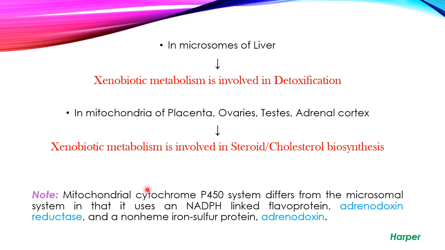And there is one additional point regarding this concept: the cytochrome P450 system found in mitochondria is different in that it uses an NADPH-linked flavoprotein called adrenodoxin reductase and a non-heme iron sulfur protein called adrenodoxin.